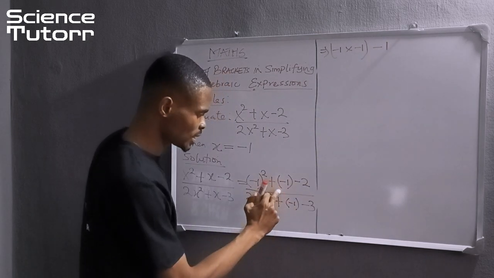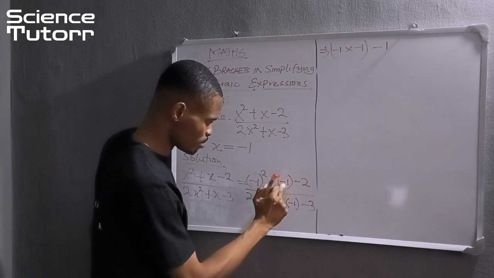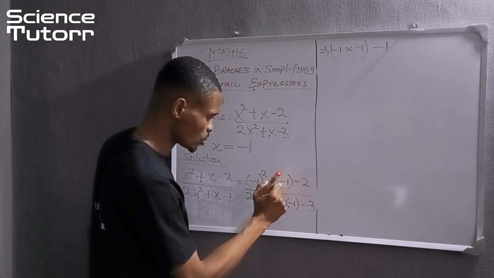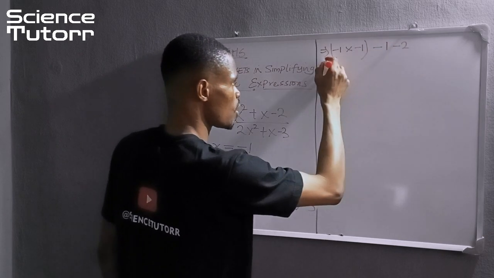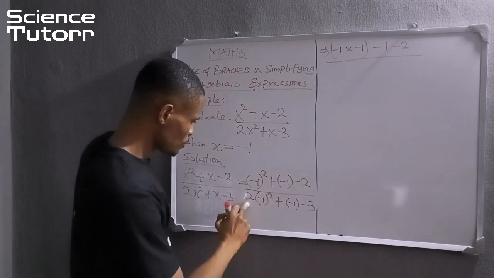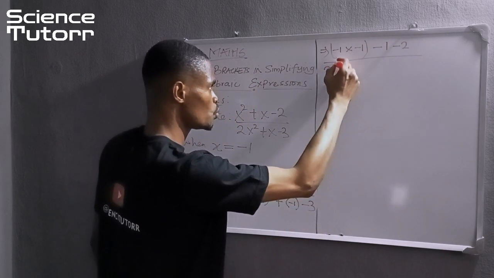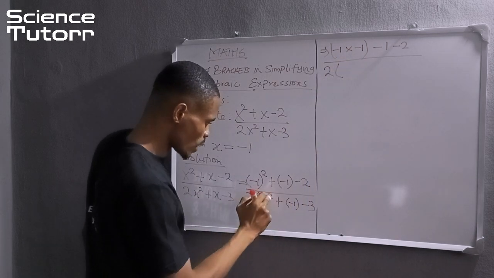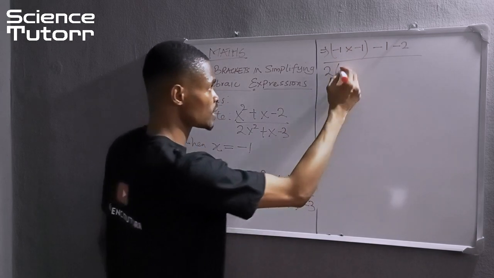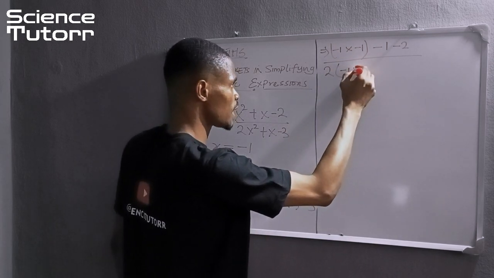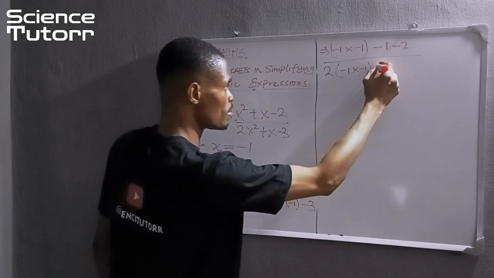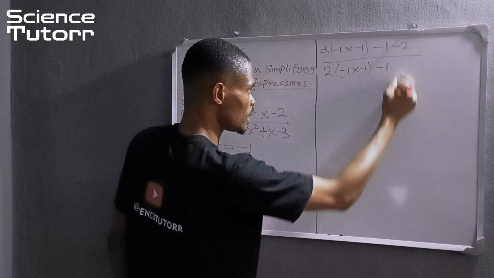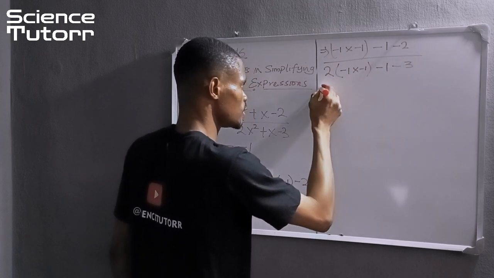I have terminated this bracket by multiplying plus and minus. Then I'm left with minus 2, all divided by 2 into minus 1 squared. Just like in the first case, I have minus 1 times minus 1, plus times minus is a minus 1, then I have minus 3.